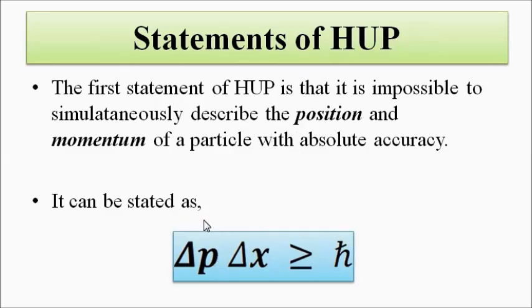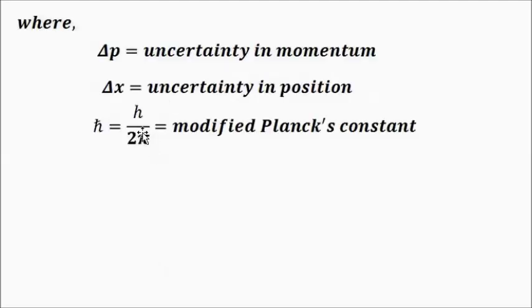uncertainty principle, and it can be stated in equation form as: the small change in momentum times the small change in position is greater than or equal to the modified Planck's constant, which is h by 2 pi.